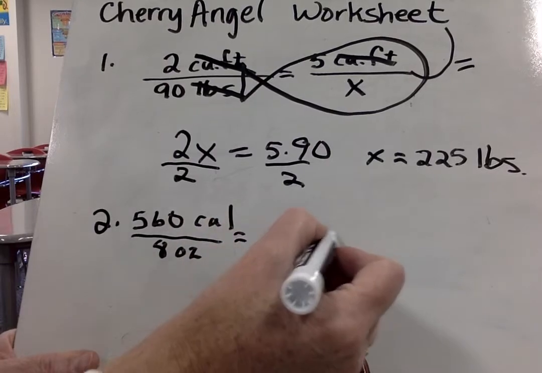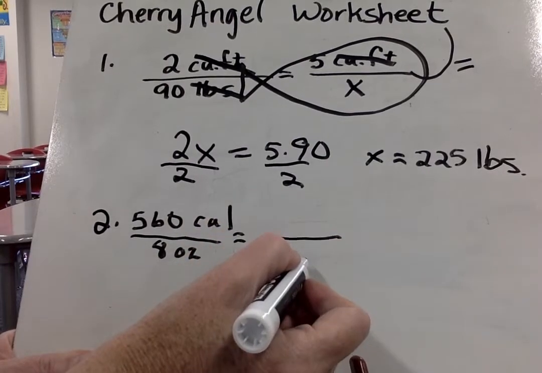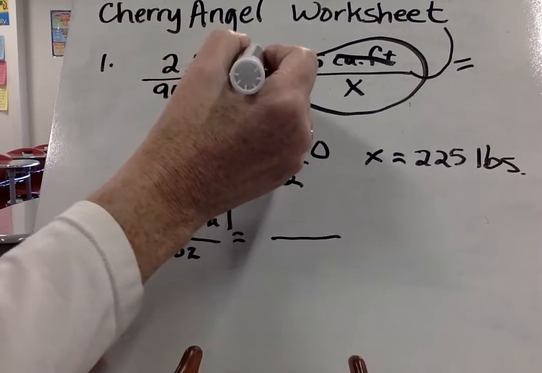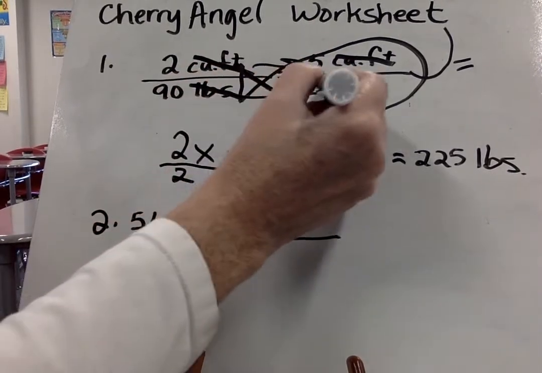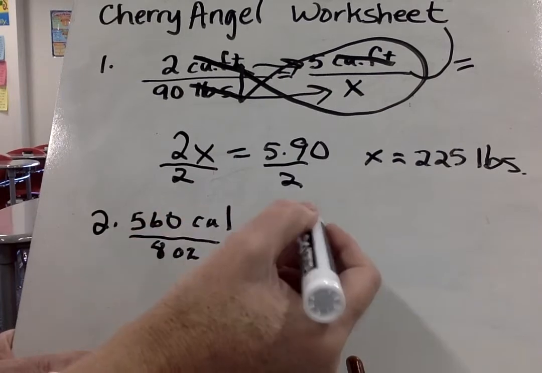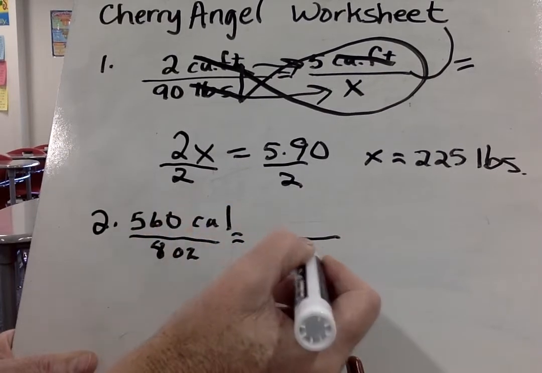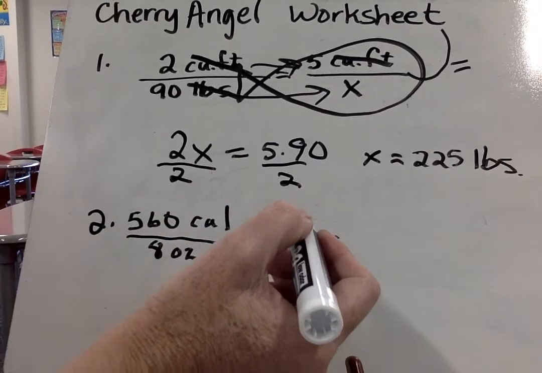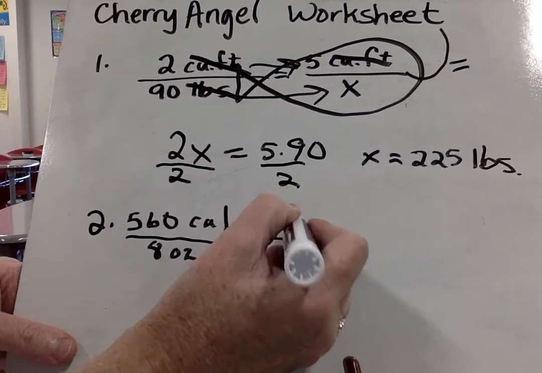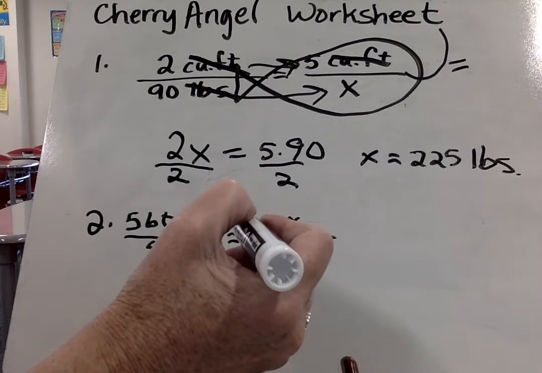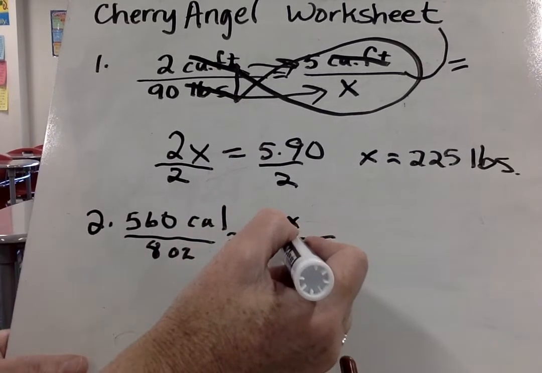Now, calories needs to go on top and ounces on the bottom. See how up here the cubic feet matched up with cubic feet? We need to make sure pounds go with pounds. So calories need to go with calories, ounces need to go with ounces. So over here, how many calories, so the X will go here because we want calories with calories, are in 3 ounces of meat.